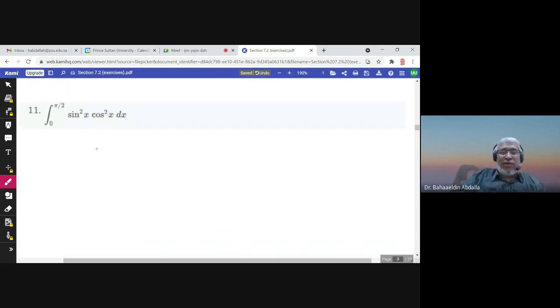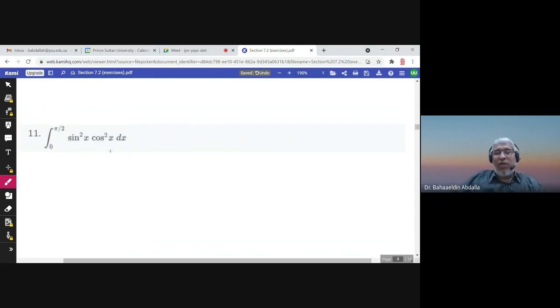What do we have here? Power of sine is 2, power of cosine is 2. There is no odd power. So I will change both using the formula.